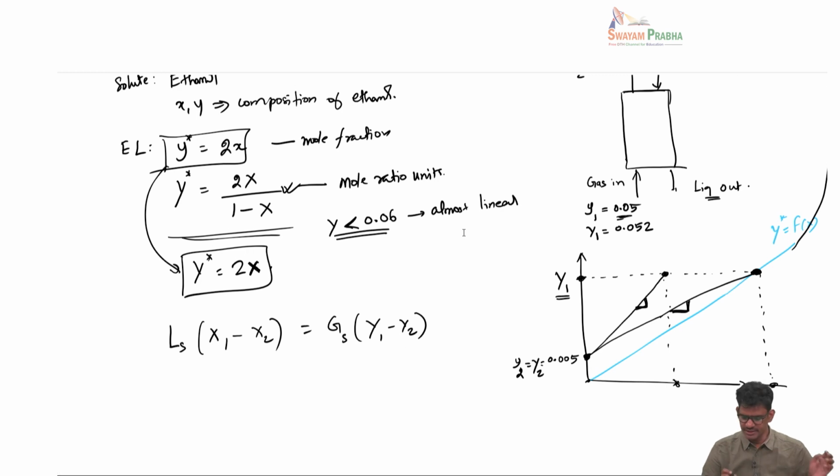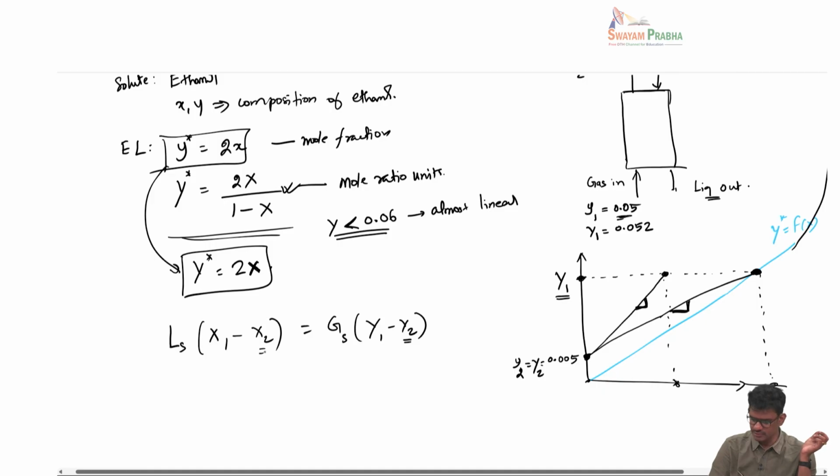What this equation tells you is that if you have fixed y2 and x2, like here we have fixed, y1 is also decided, and the value of x1 will depend on the values of Ls and Gs. So there are only two unknowns here. If you fix one of them, the other one can be found. Either you fix x1 and find the ratio Ls by Gs, or you fix the ratio Ls by Gs and then find what x1 is.